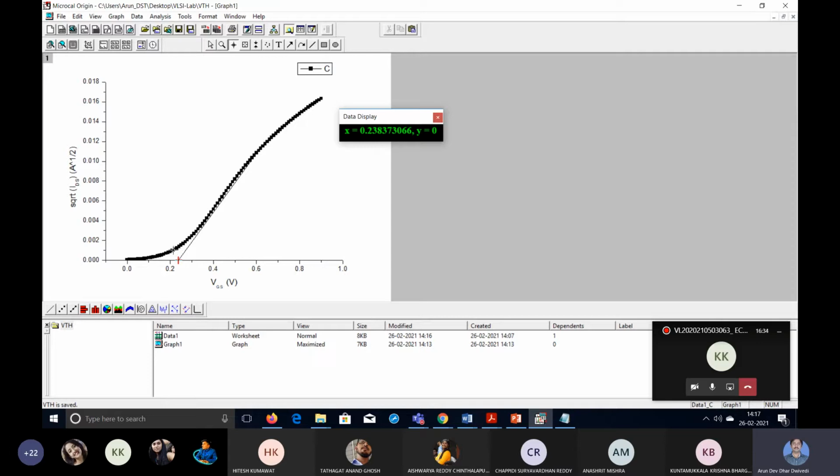Though the density of the electrons is not equal to the density of holes in the bulk of the semiconductor, it is less, but some density is there. So some electrons are accumulated, and that causes some leakage. This region is called the weak inversion region, and above threshold it is called strong inversion.